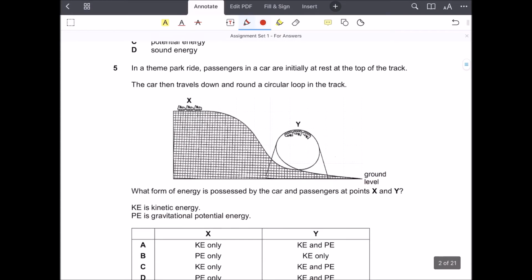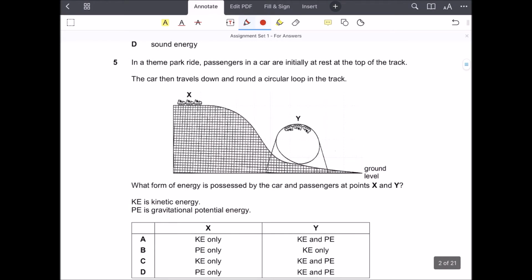Now the next part they talk about, in a theme park ride, the passengers in the car are initially at rest at the top of the track. So when it's at rest, KE is 0. At the top of the track, there would be GPE. So at X, there would be only GPE, no KE.